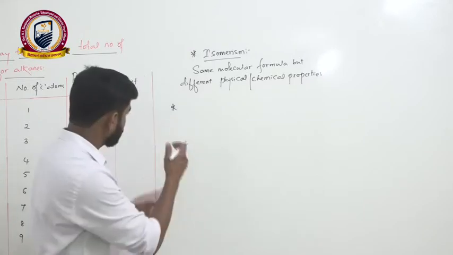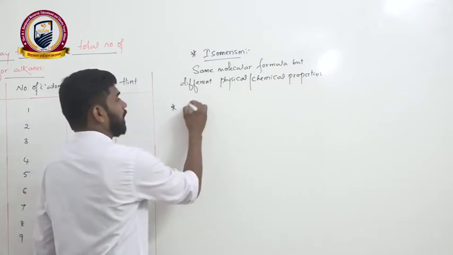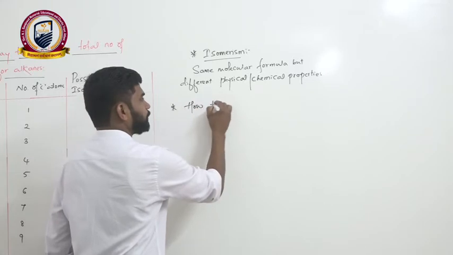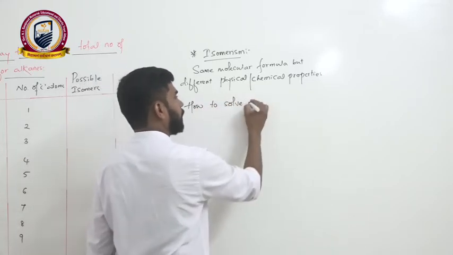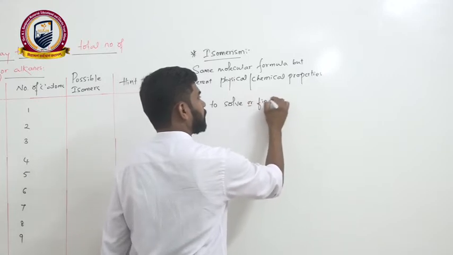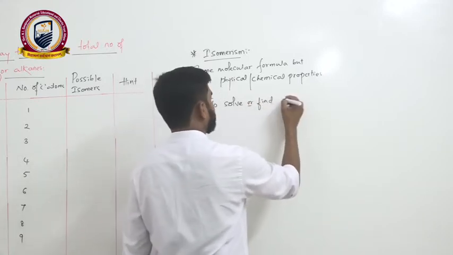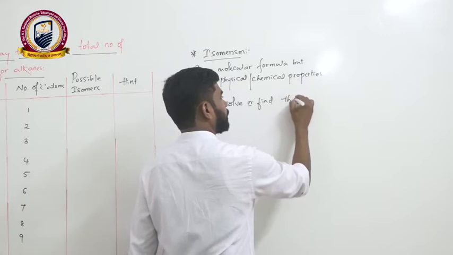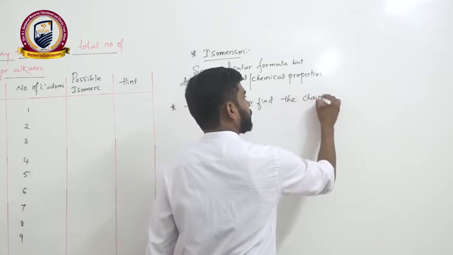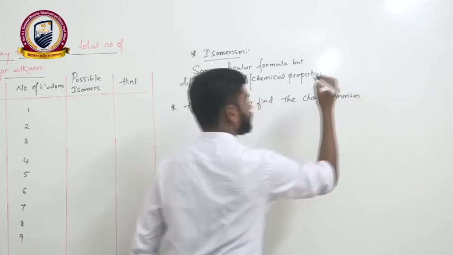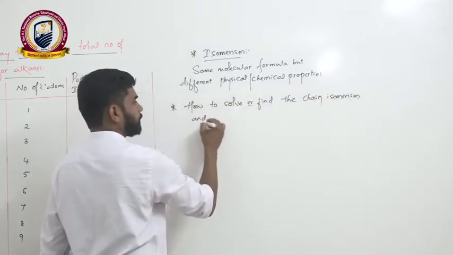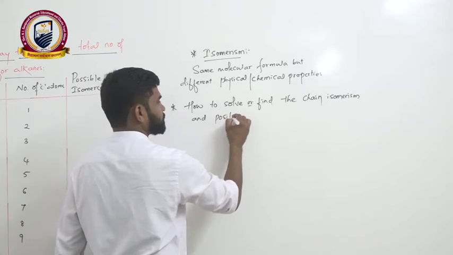Okay, so the first one is how to find the chain isomerism and position isomerism.